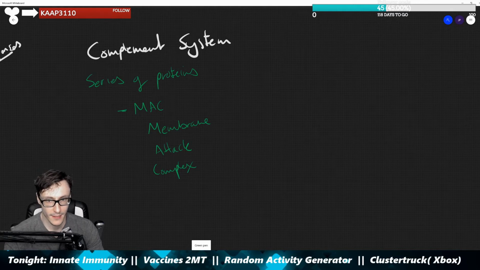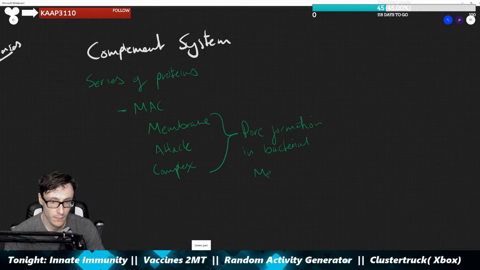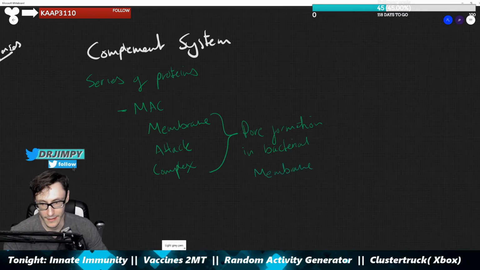And the membrane attack complex, what it does to invading bacteria is it forms a pore in the membrane of the bacteria, which you can loosely think of as a hole.